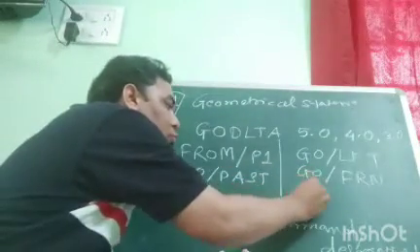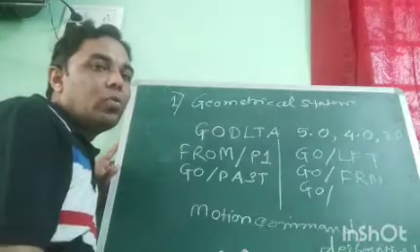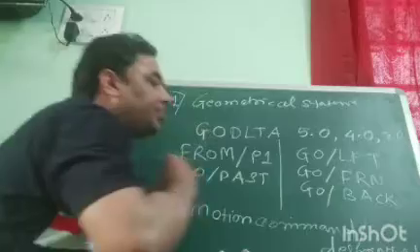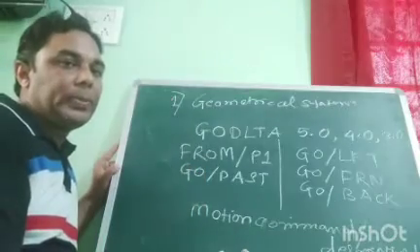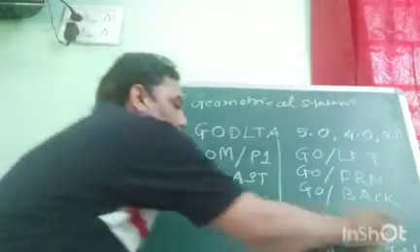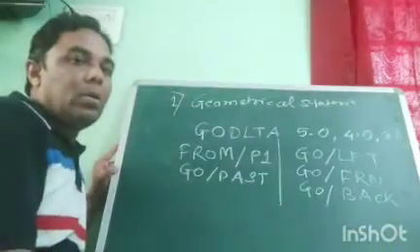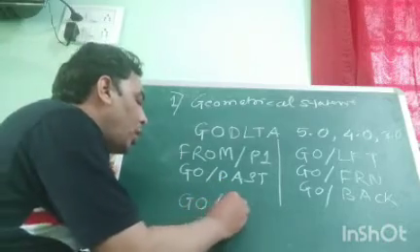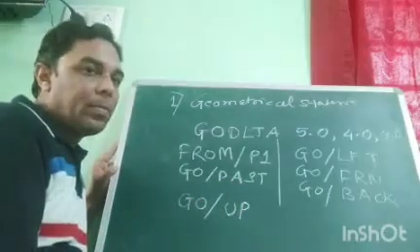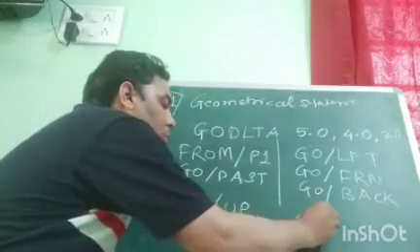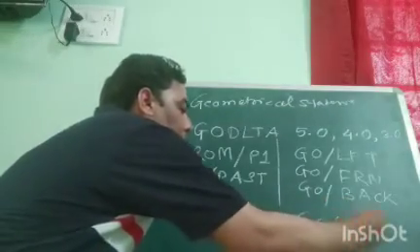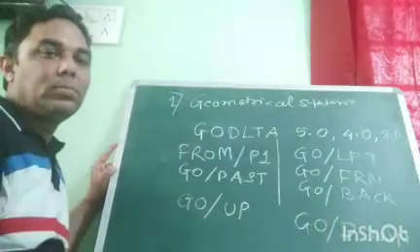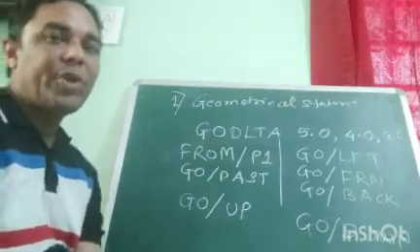If I want to move the tool or workpiece holder to a backward location, I just write GOBACK. If I want the upward movement of a tool, we write GOUP. If I want to move the tool in the downward direction, we write DWN, down. So this is all about the motion statement.